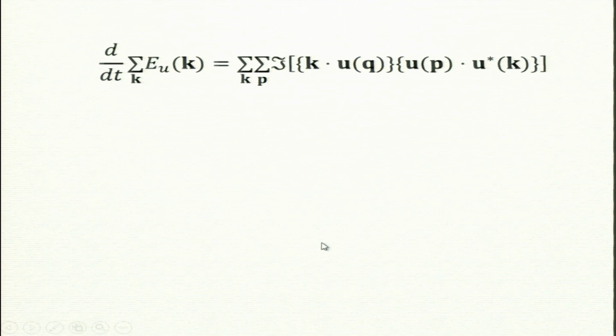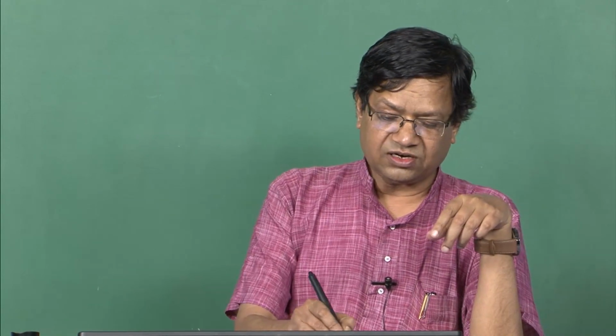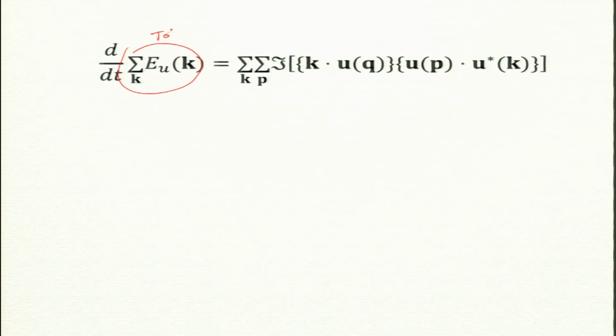Now, if I just sum this over all wave numbers, now that was for a given k, remember the old equation. Now, you do it for all k's. So, this gives you the total energy. On the right hand side, earlier there was a sum over P, now I have a sum over K. Now, I am turning off right now the viscous term and the external force term.